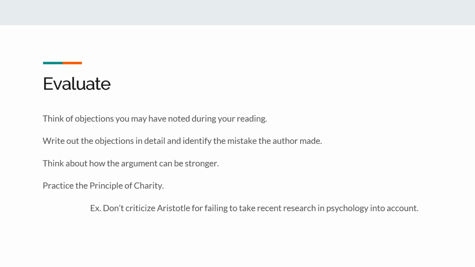And this often requires not criticizing the author for failing to take recent research into account. For instance, if I'm going back and I'm reading ancient Greek philosophy, I'm not going to criticize Aristotle and Plato because they don't understand psychology or neuroscience.